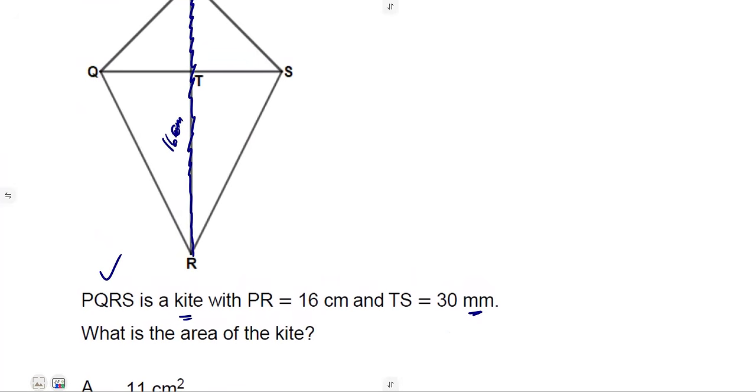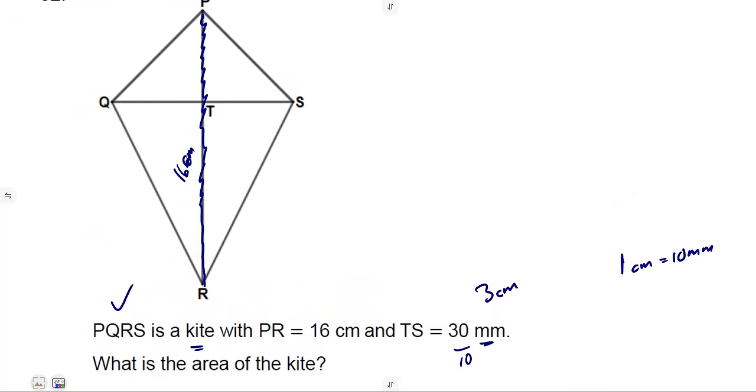So remember, 1 centimeter is 10 millimeters. To convert to centimeters, simply divide by 10. That gives us 3 centimeters, which is our TS.